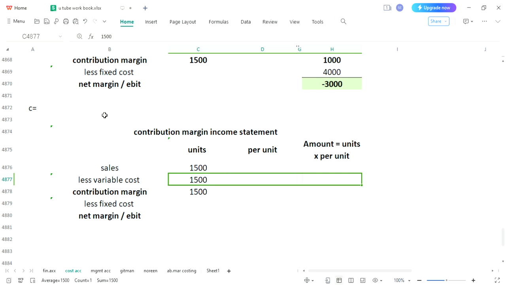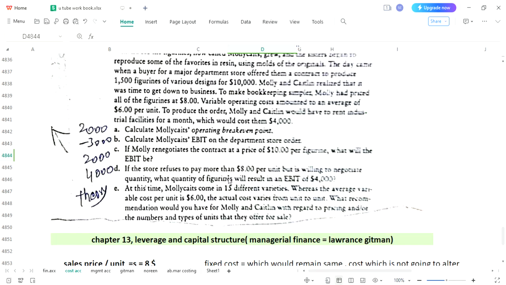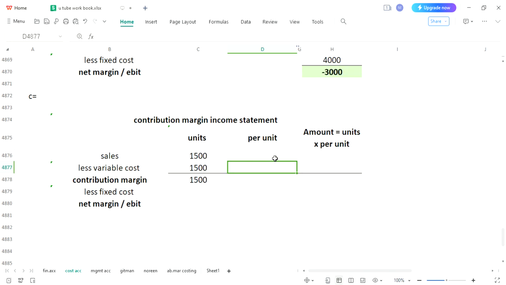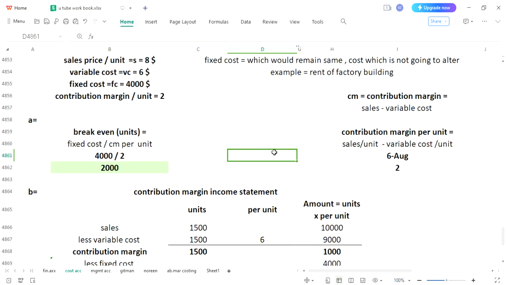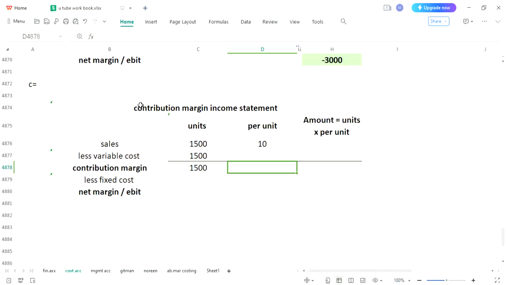After which we will see what would be per unit cost, per unit variable cost, per unit sale price. In C part, it has been described that sale price is 10. So over here you will put $10 as your sale price per unit. Variable cost would not be altered as it has been said. And in our question, we have discussed variable cost is $6 and $6 is mentioned over here as well.